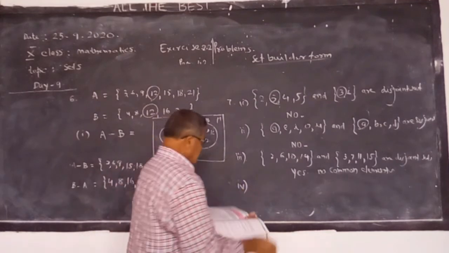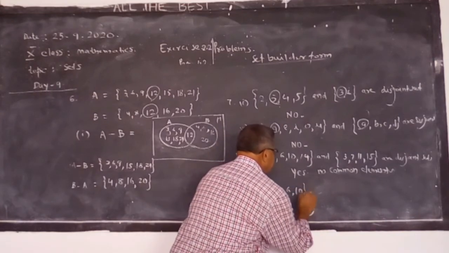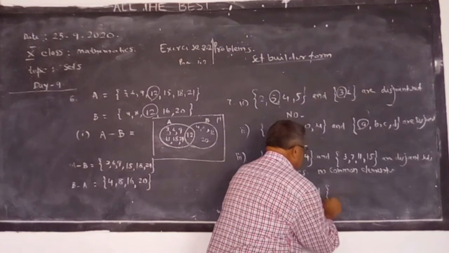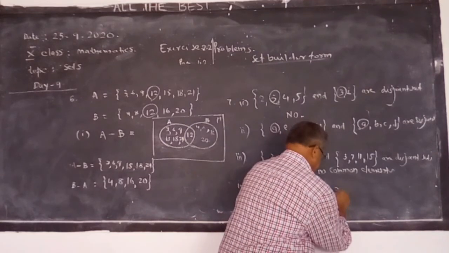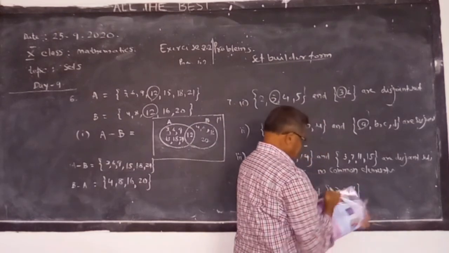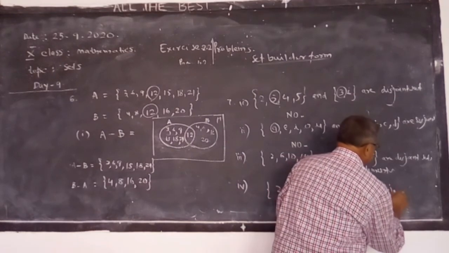Fourth. {2, 6, 10} and {3, 7, 11} are disjoint sets.